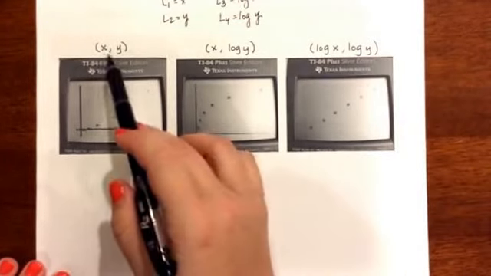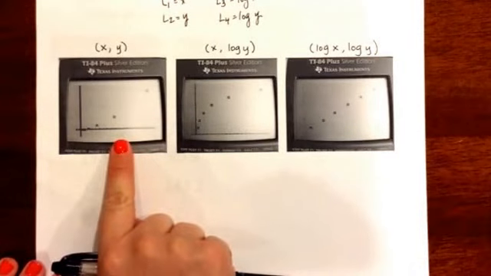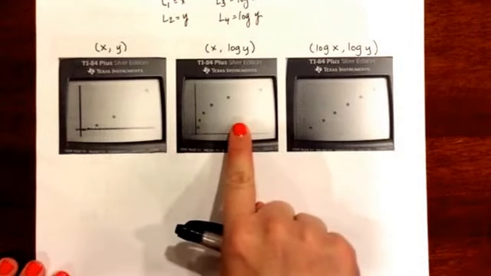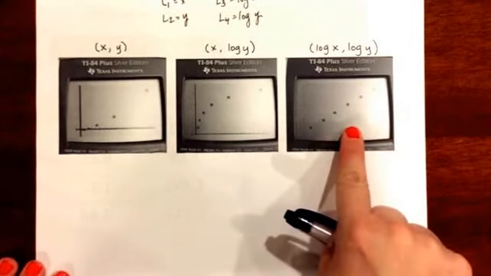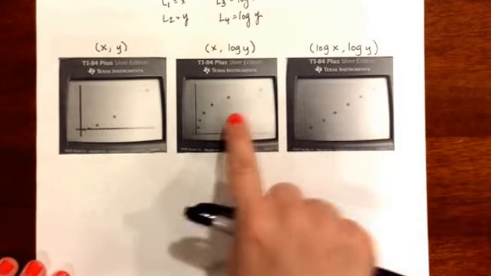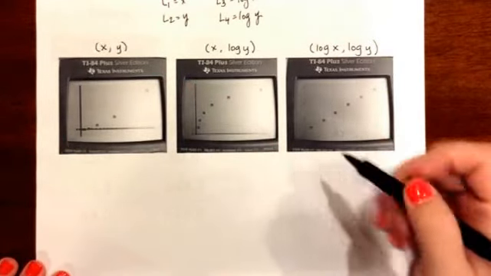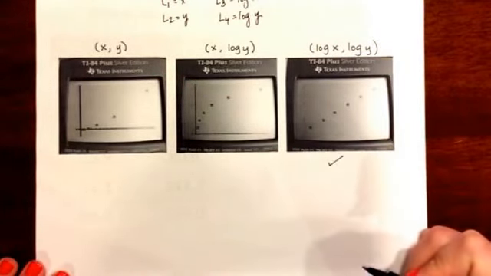And I just typed in all the different combinations on the scatter plot. And so this is the scatter plot of x and y, x log y, log x log y. And we can see out of the 3 scatter plots, this is the one that's linear. This one's not, and this one's kind of curving upwards. So this is the best one. So this is the model we want to choose to write an equation for.